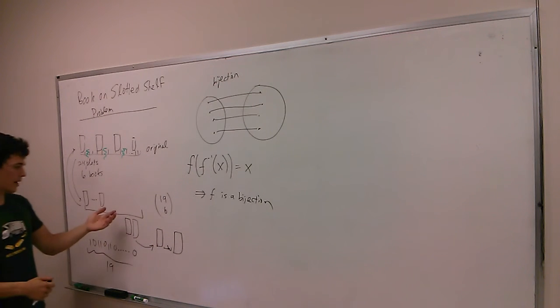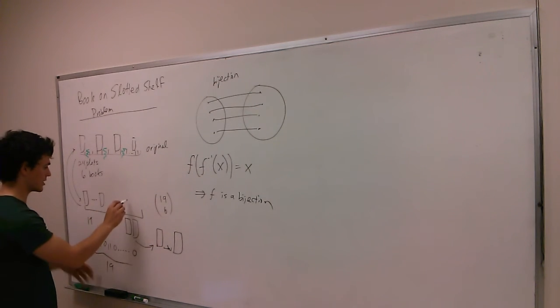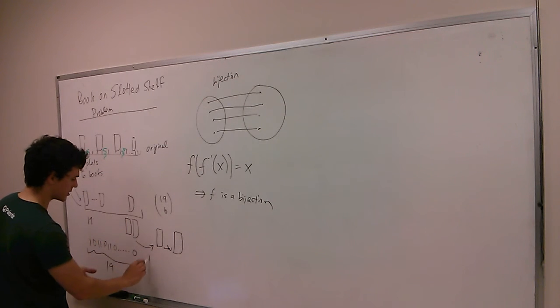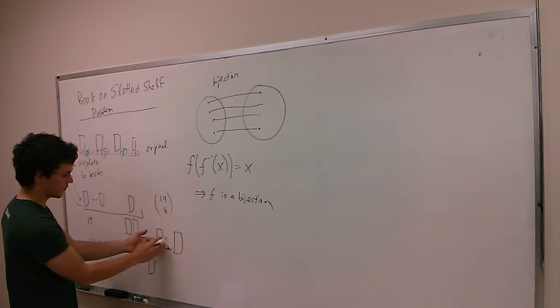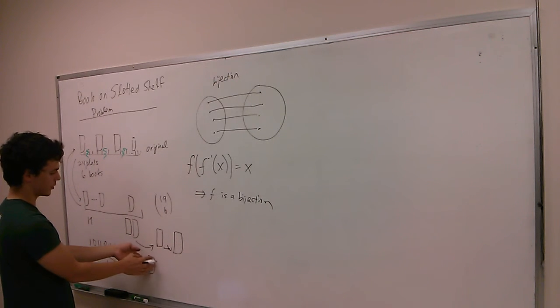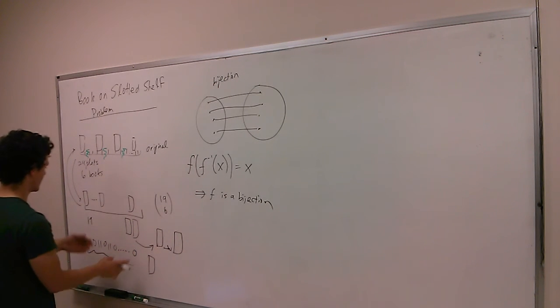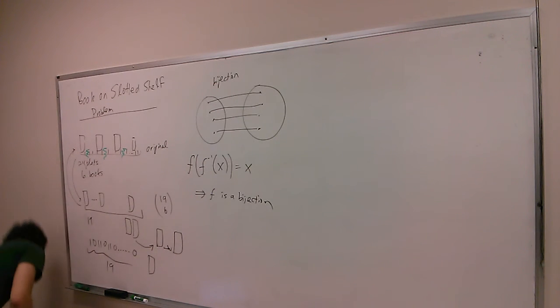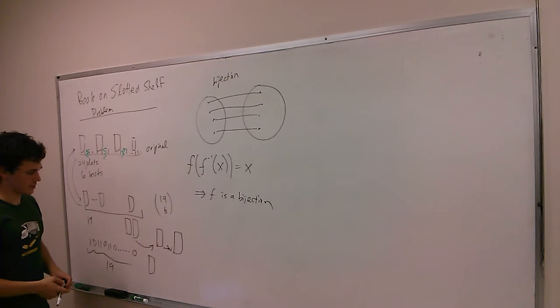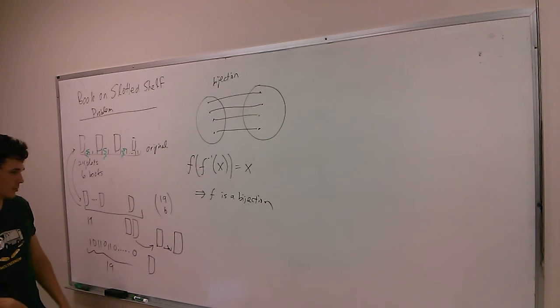And you don't care about adding a slot in front of the last book because there could not possibly be a book in front of the last book. So this addition of a slot is not necessary to ensure that no 2 books are adjacent. So after you map back, after you've added these slots back, there are no 2 books that are adjacent. And that's it. So that's intuitively why it's a bijection.